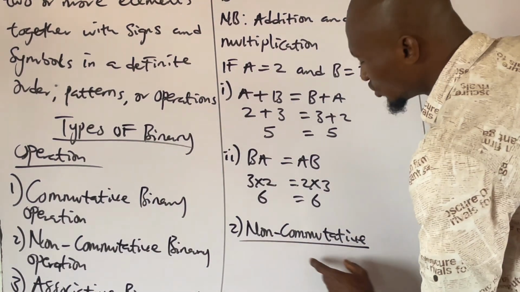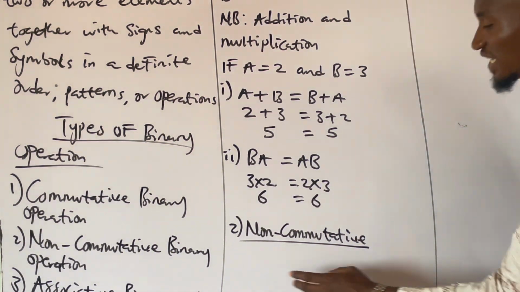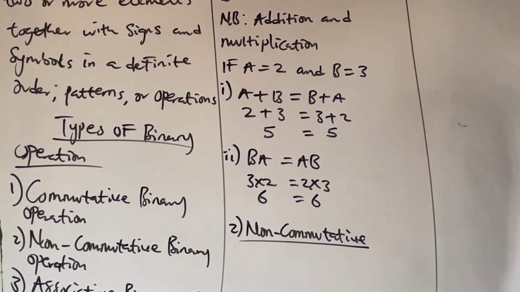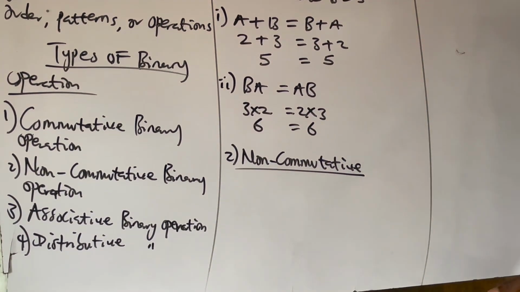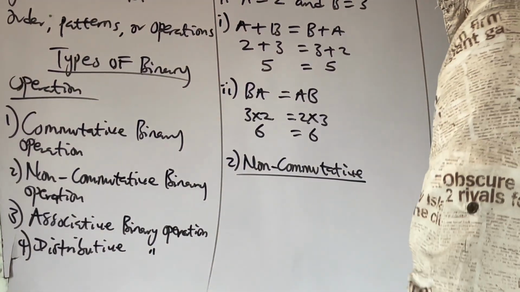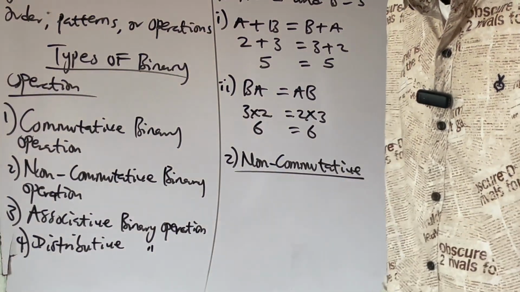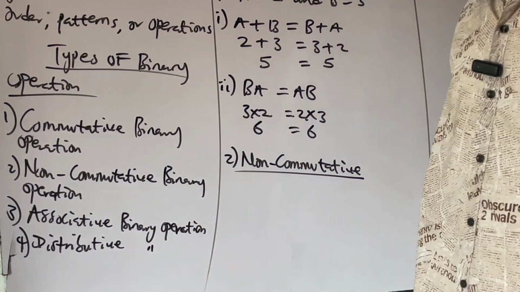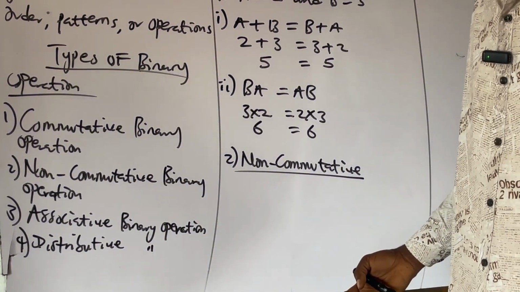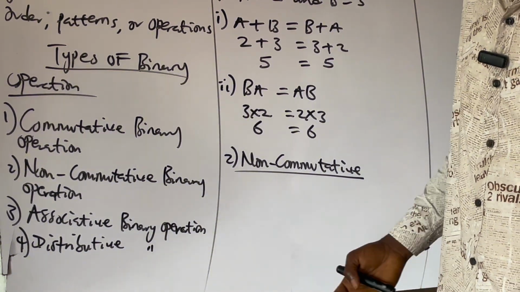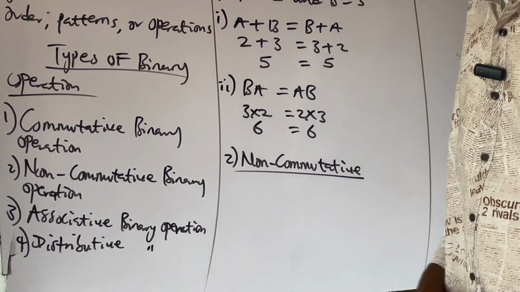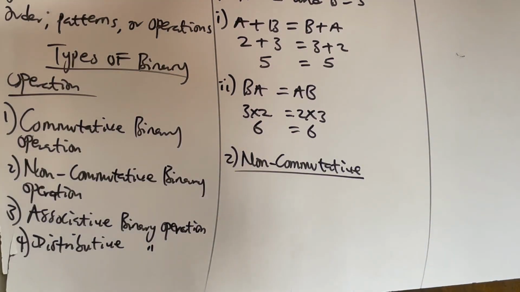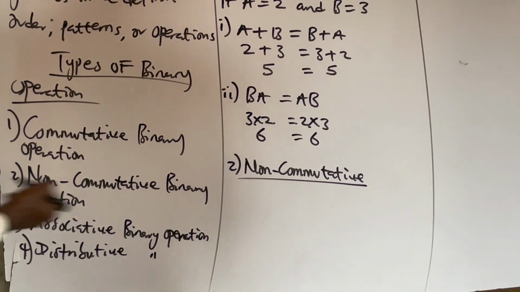Now, non-commutative is used if a variable is combined with one or more signs and you don't have the same result. Or let me use this simple definition: non-commutative is when a variable is combined and you don't get the same result. Do you get the point now?